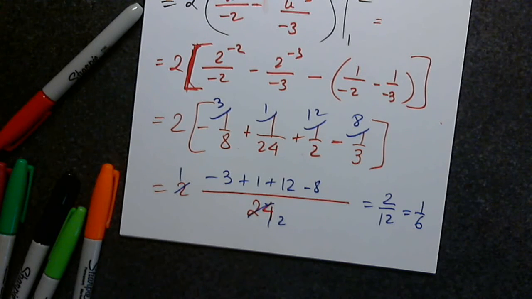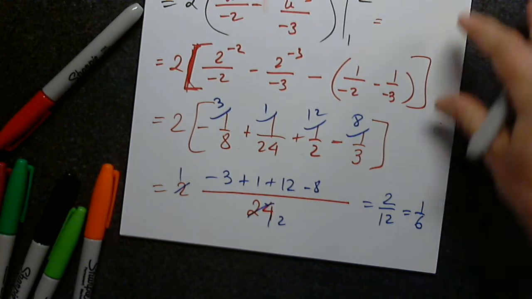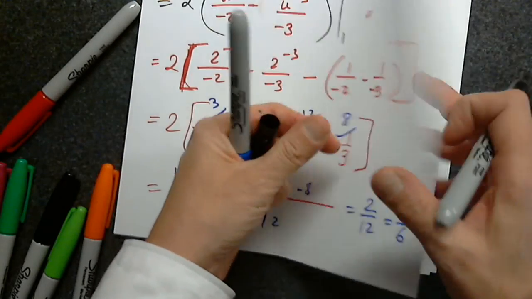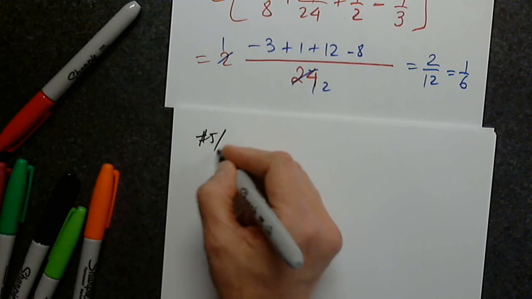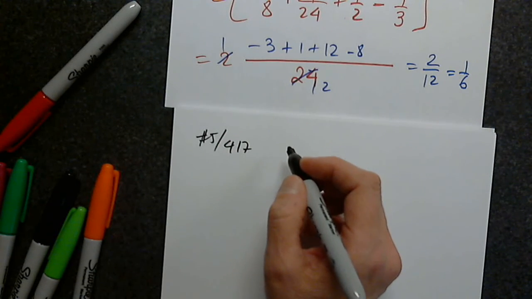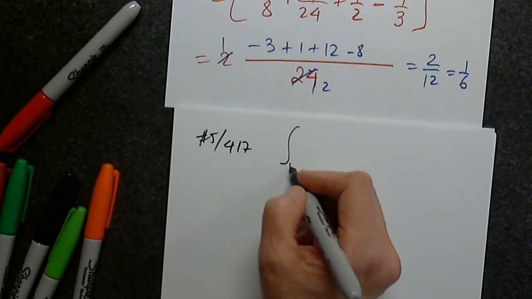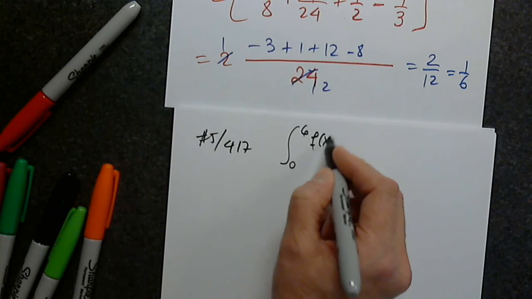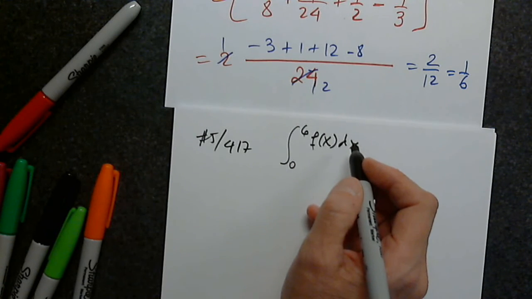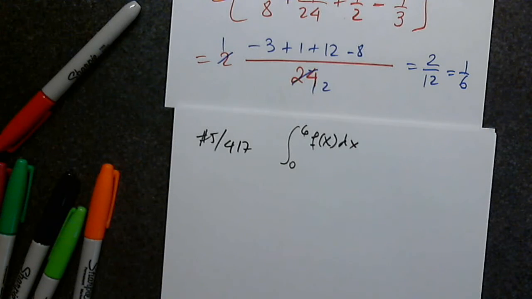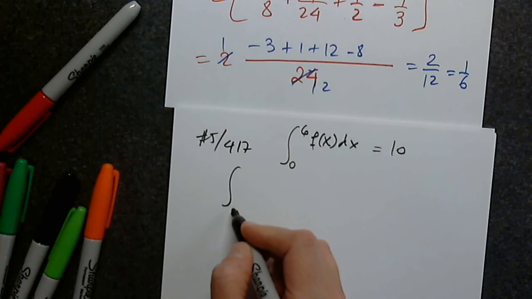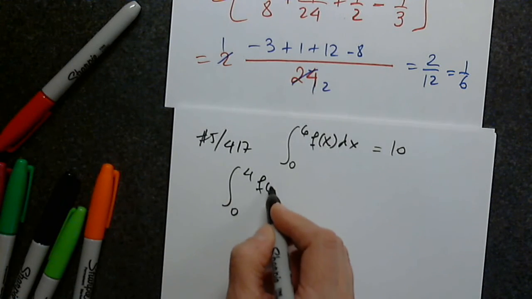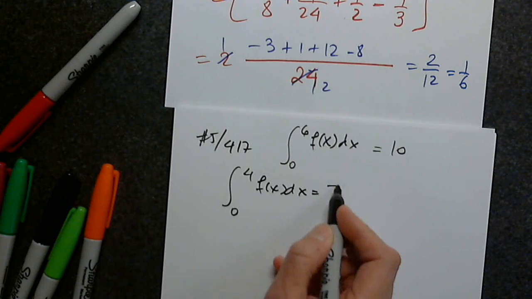What about this? Problem 5 on page 417. We're told that the integral from 0 to 6 of f of x dx, is it 0 to negative 6 or 6? 6. F of x dx is 10, they say. The integral from 0 to 4 of f of x dx is 7.